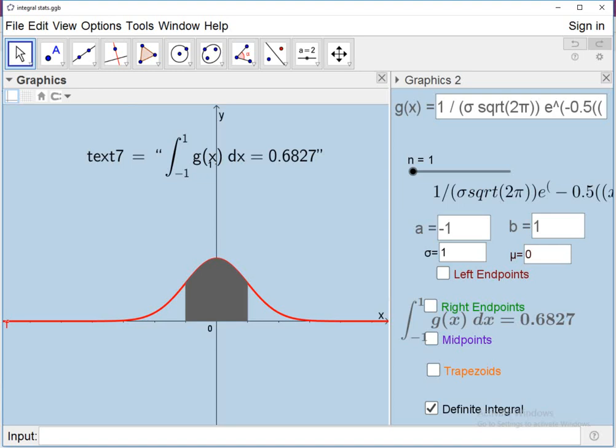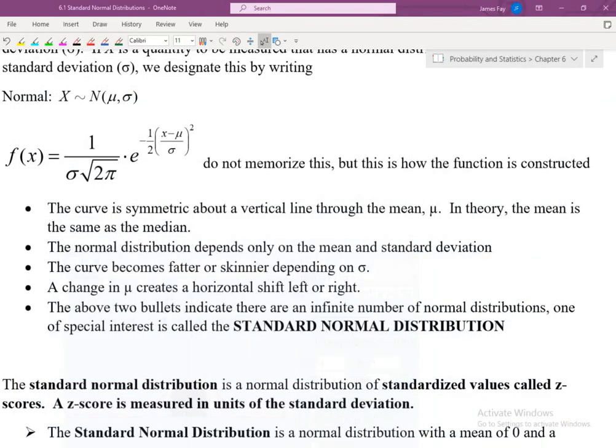And it is also the median. And you see on the paper it says, in theory, the mean is the same as the median.